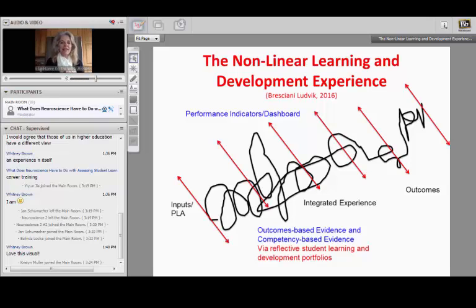What's happening is this human experience of interacting with so many different people and different environments, all of that real life that's causing dissonance.